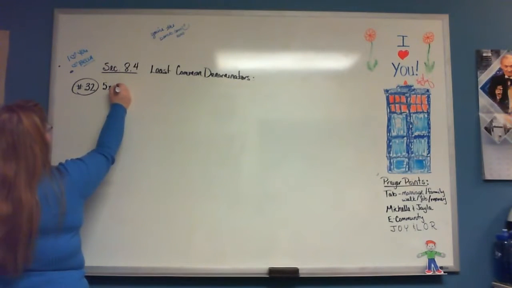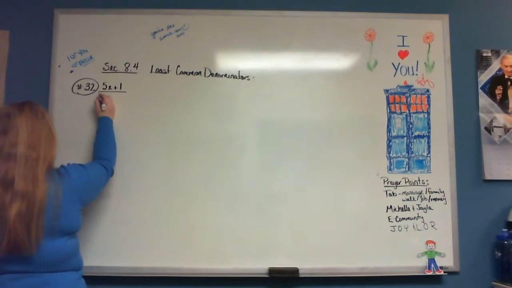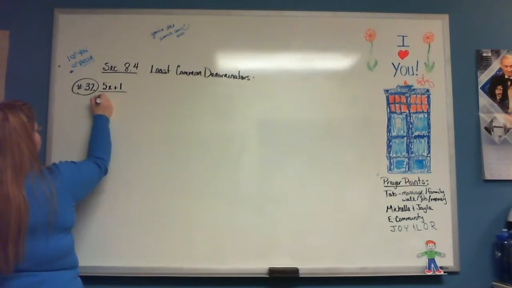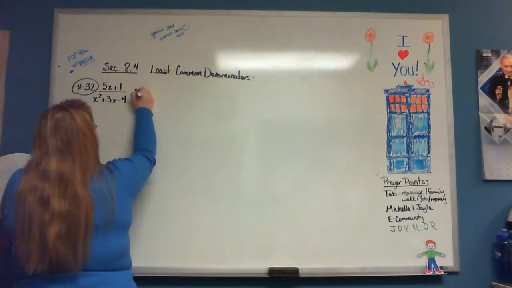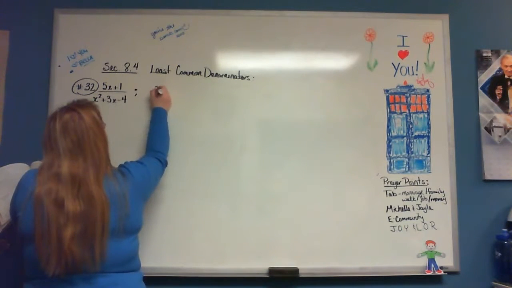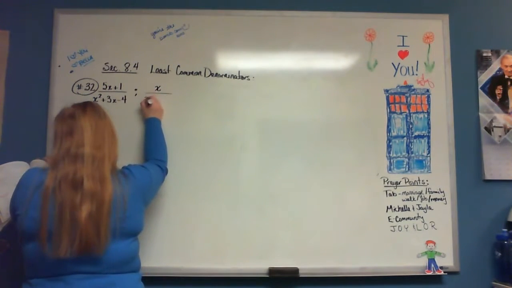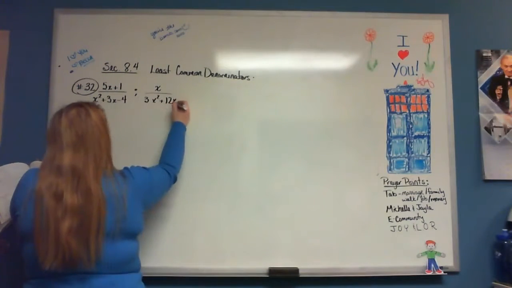X plus 1 over x squared plus 3x minus 4. And then x over 3x squared plus 12x.